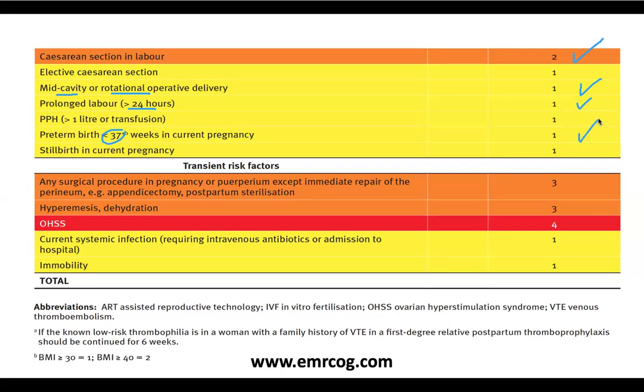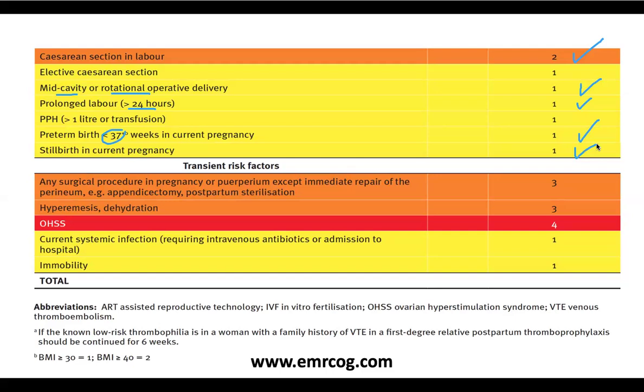So a woman delivered at 32 weeks, okay? This is score 1 for her, regardless of the mode of delivery. If delivered by cesarean section at 32 weeks, that means her score is now 2. Stillbirth in current pregnancy: if the woman, unfortunately, has a baby who died, that increases her risk by 1.